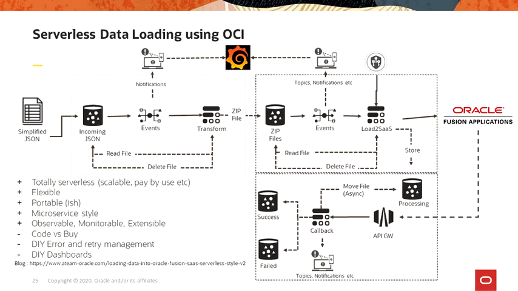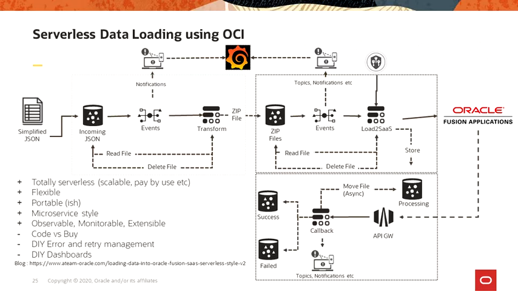That bucket fires an event that calls my transform function. My transform function reads the file, and it generates a zip file, which in my sample case contains 2 CSV files grouped in a zip file, and dumps it into a zip file folder. I then go and delete the file. This is my transform function.